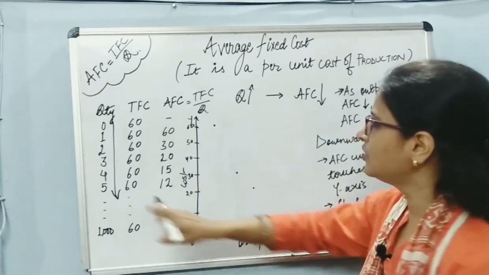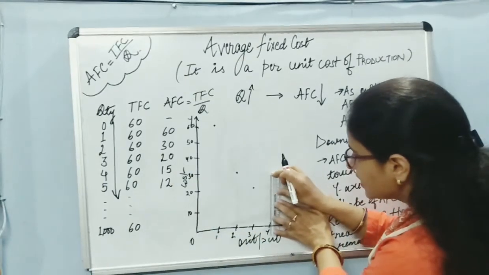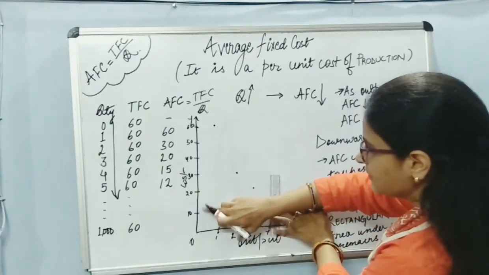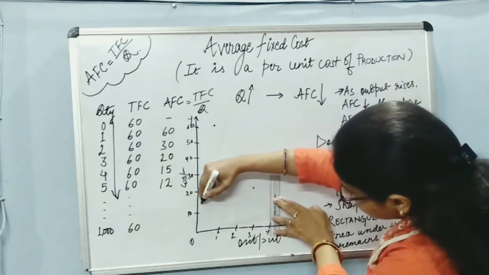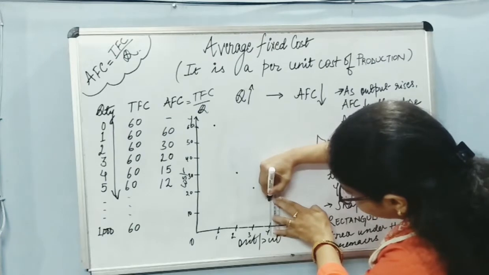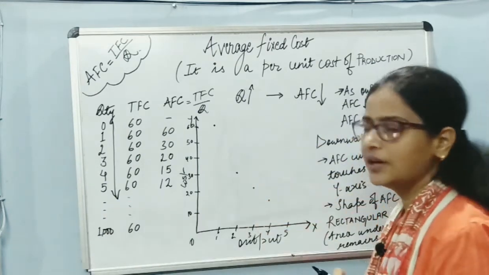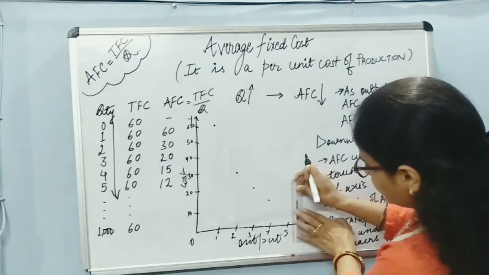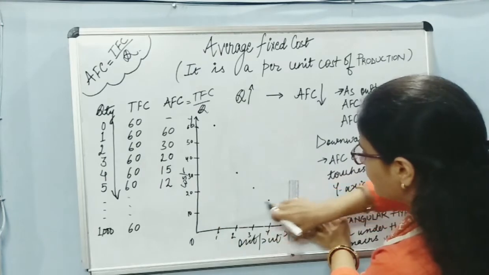Right? When your output is 4, your AFC is 15. 15 is not given here. Then 15 will be in between 10 and 20. So we will take a point here. Alright. And on 5 output, your AFC is 12. 12 is also not given. 12 will be a little bit above 10.